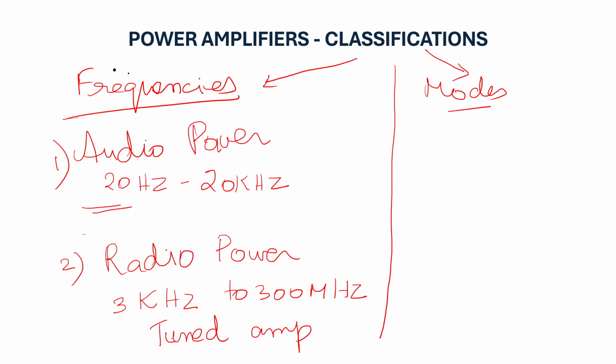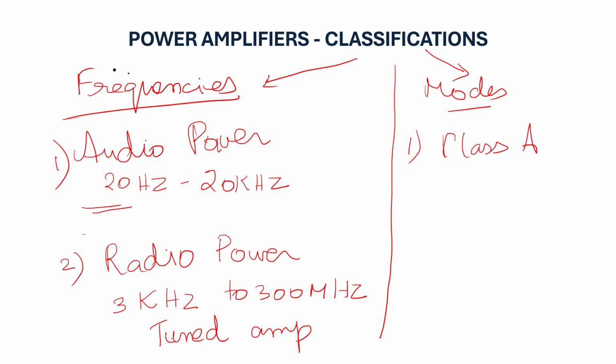So in this video we'll be discussing how a BJT in NPN configuration with CE is being used as an amplifier. Under different modes of operation, if the portion of the input cycle is converted, then the mode of operation also changes and the type of the amplifier also changes.